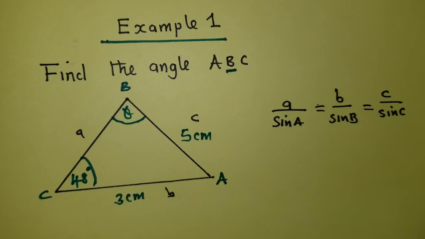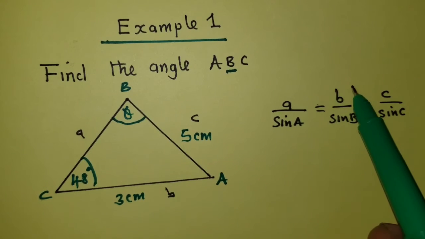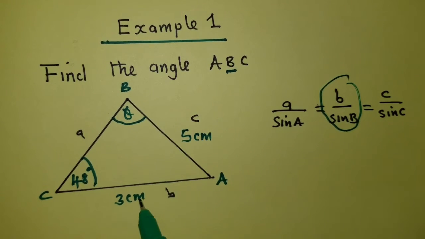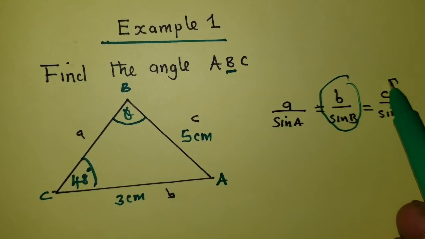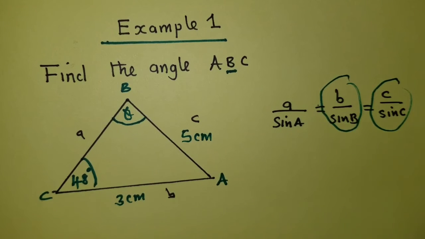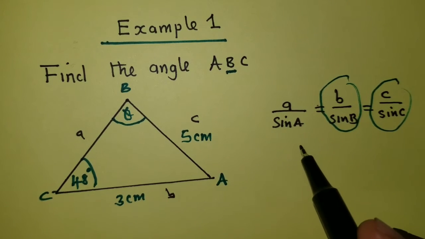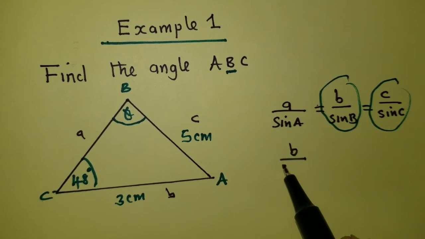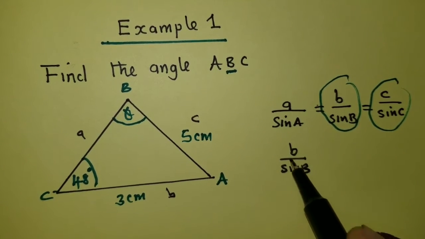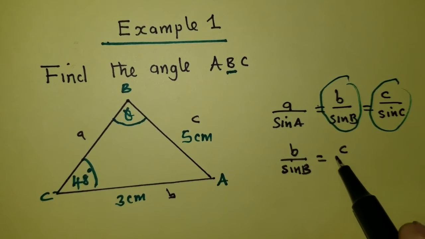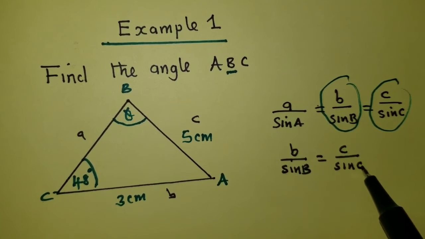So now, out of this full formula, which terms are we supposed to work with? B, of course, this B, because B is what we're looking for, and we've got the opposite side. And C here is working, so we're working with these two, B and C. So we shall say b over sine B is equal to c over sine C.